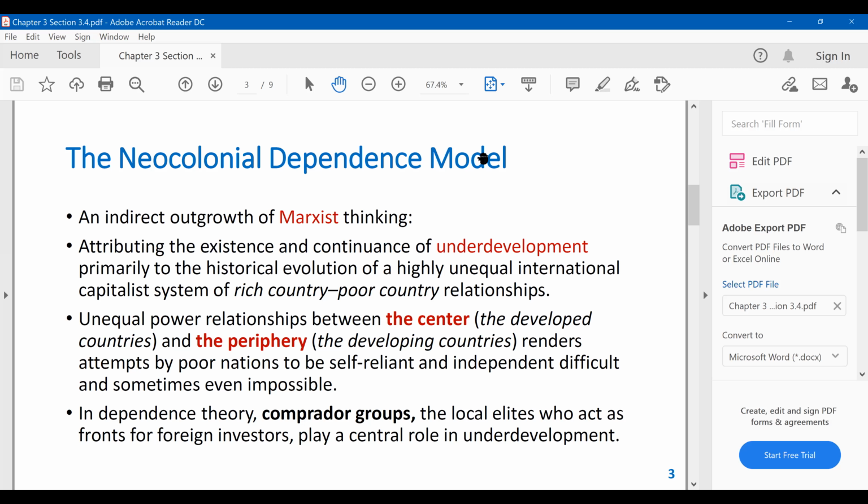Dependency theory, comprador groups. So that's the concept here. Comprador groups are important. They are defined as the local elites, okay, who act as fronts of foreign investors, and they kind of help them, and of course benefit from it, right? So they become part of the exploiting group, right? So again, if you think about the Moroccan example, you may imagine that there are some local elites in Casablanca, in Rabat, in Marrakesh, for instance.